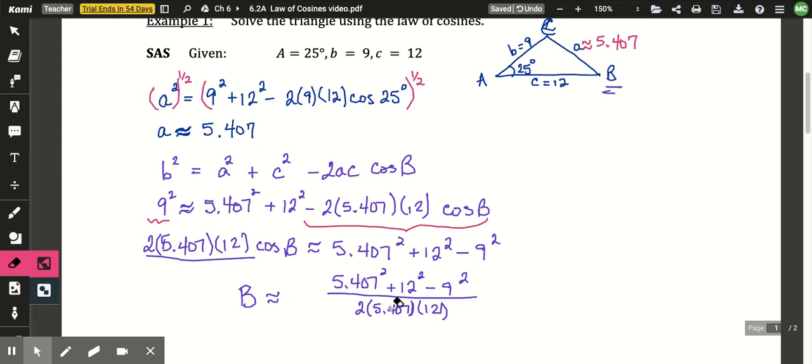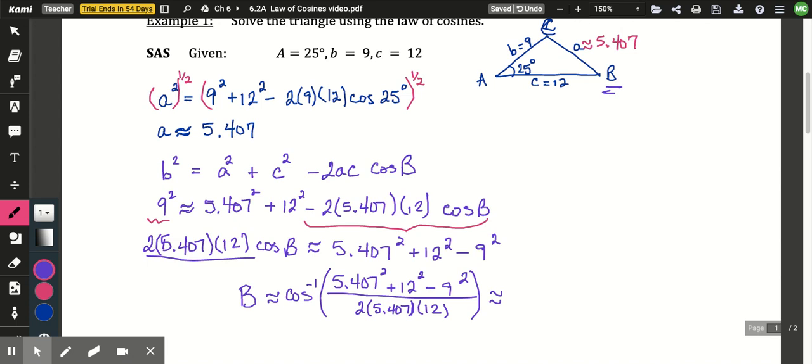And then finally, I would need to get rid of the cosine because I still have cosine of B over there. To undo the cosine, I would use the inverse cosine. So I would have inverse cosine of this entire thing.